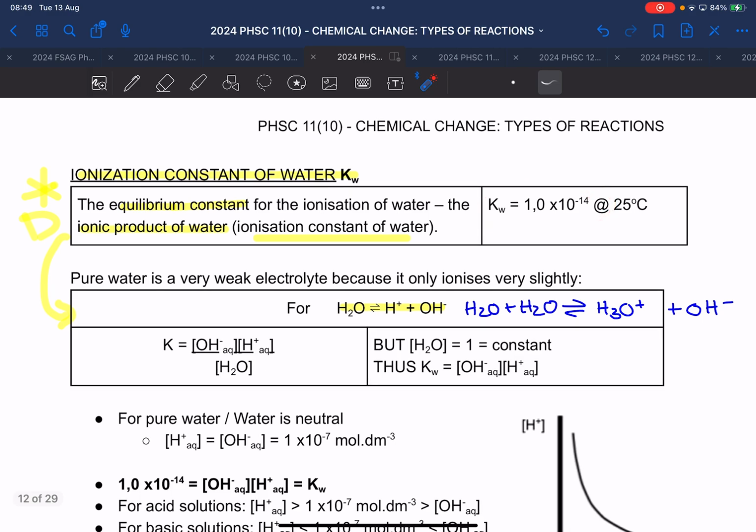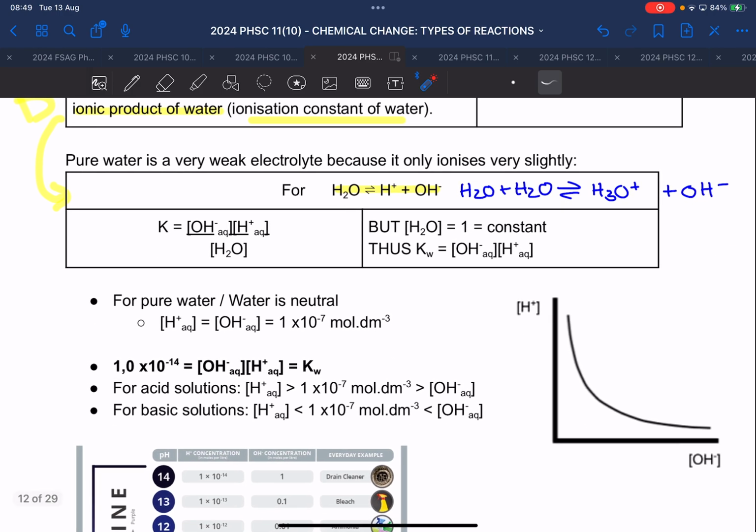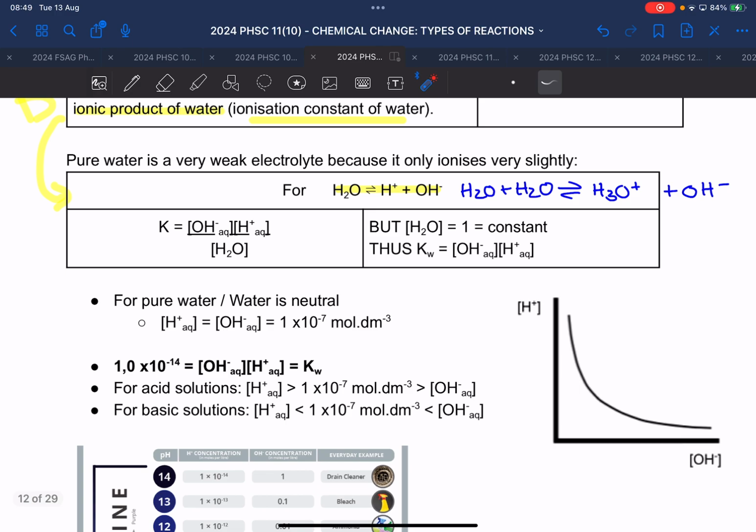Okay, now this constant is on your data sheet. Okay, given to you. Right. So how do we write this constant again? It is the concentration. Remember, square brackets means concentration of. It's the concentration of the products over the concentration of the reactants or reagents. Okay.